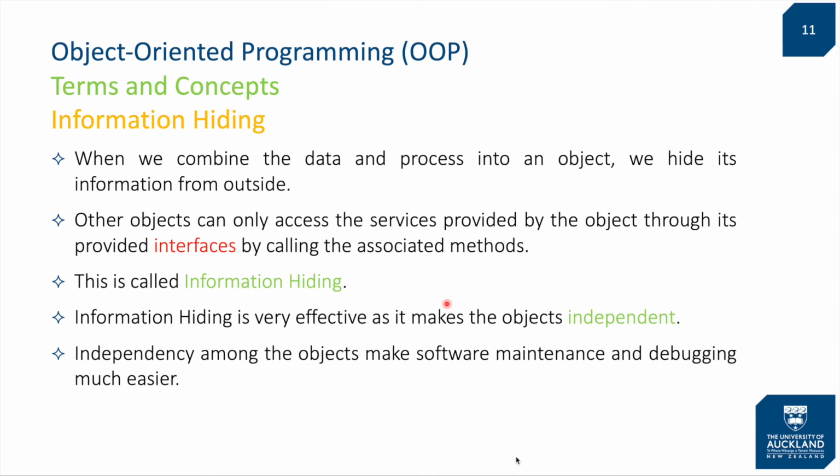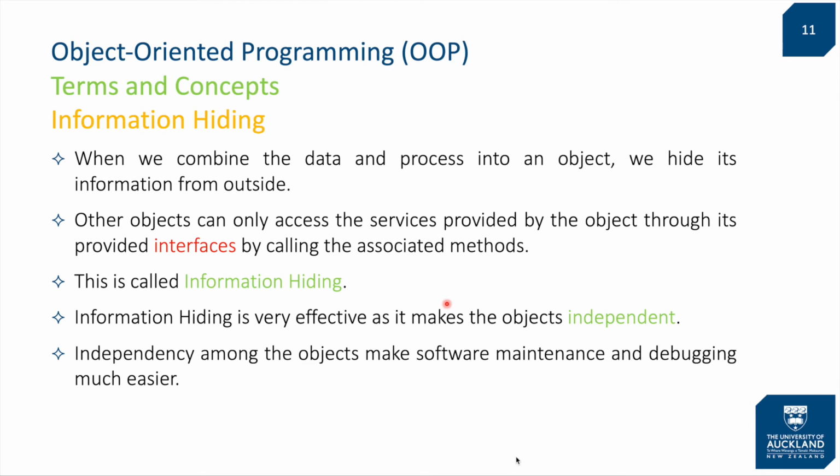The main reason that we want to hide the internal functionalities of objects is because we want them to be as independent as possible. Why do we want them to be independent?